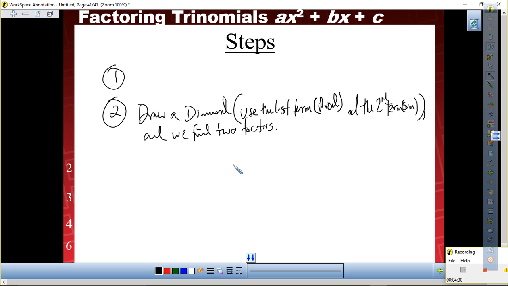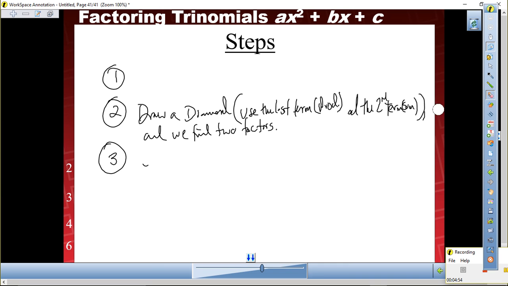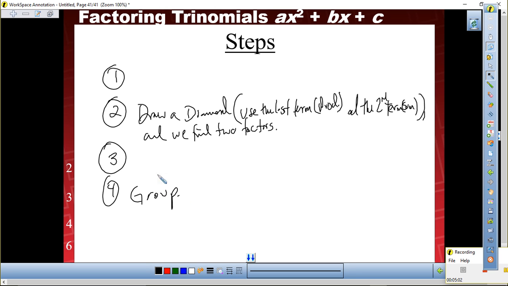So we started with a quadratic trinomial, and then we got that done. We filled it in. Now that we filled it in, what do we do then? Hannah? Group. Wait, that's step 4. Okay. Lily, she said plug in what?